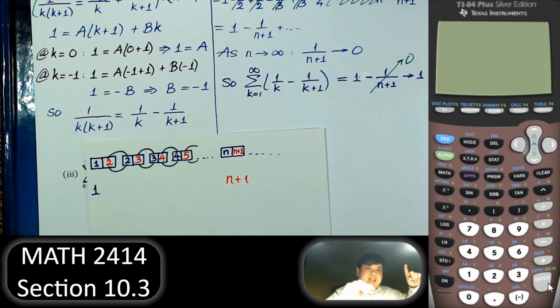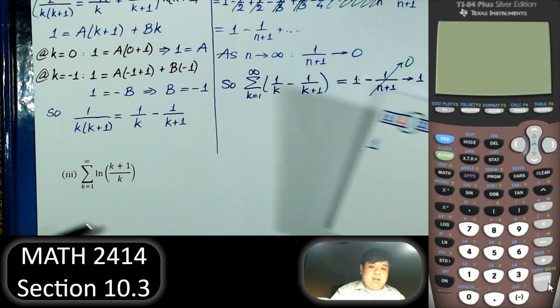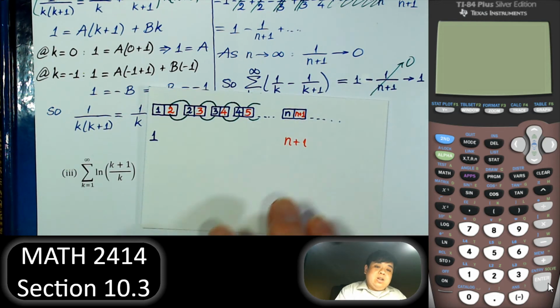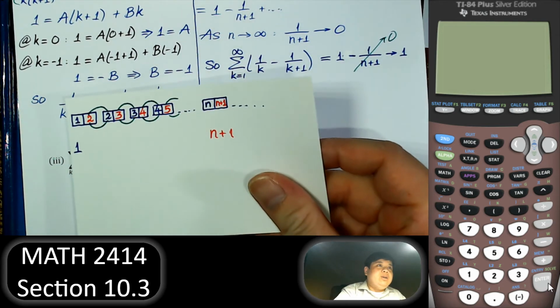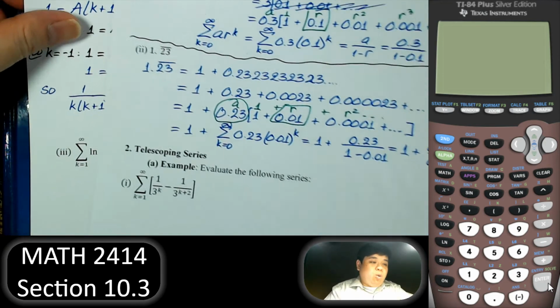So the first and the very last remain, and everything in the middle cancels out. So that's what the telescoping series does. Right. In this case, that goes to 1. It's nice. Right. So try to think about something like this, because the next one is not quite the same.